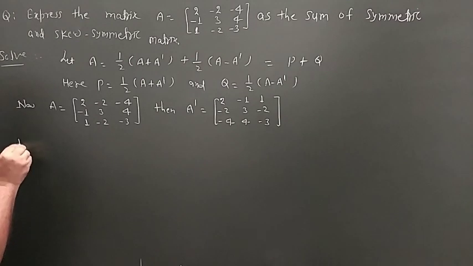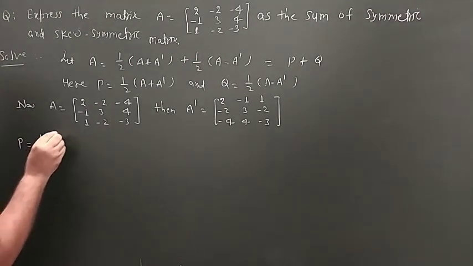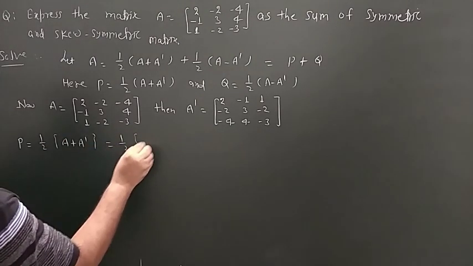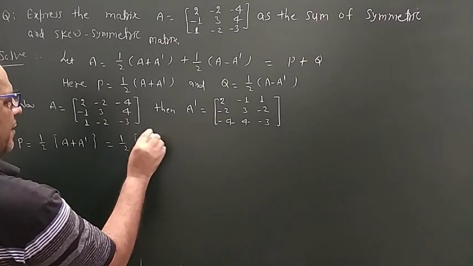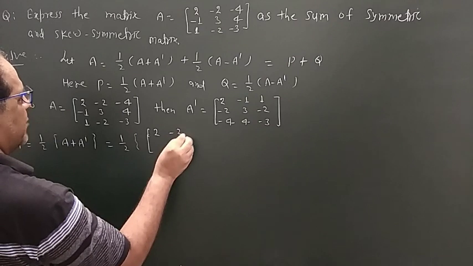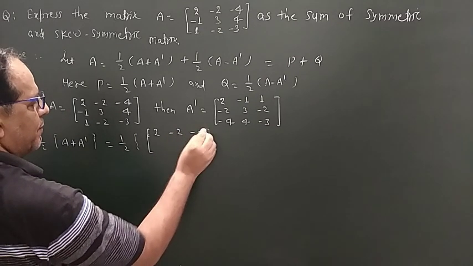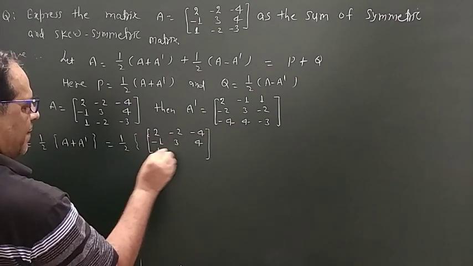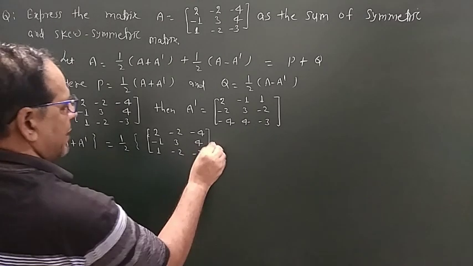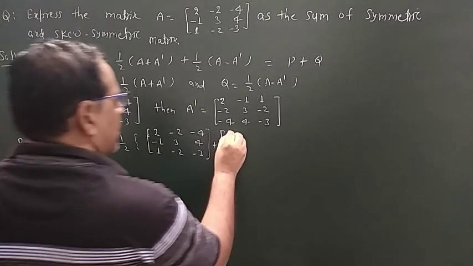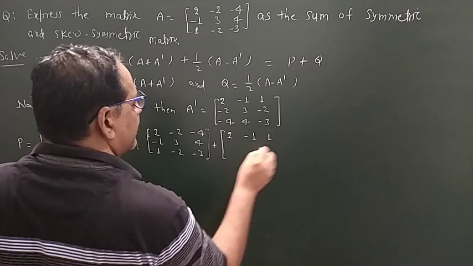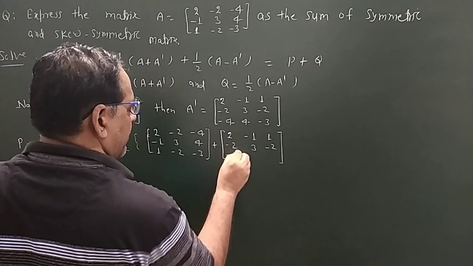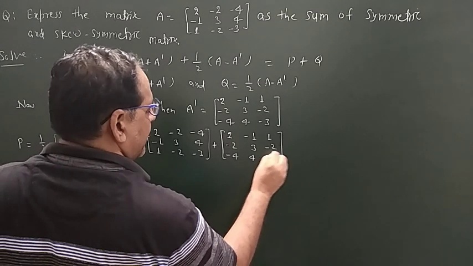So P equals 1 upon 2 (A plus A dash). That means 1 upon 2 times the first matrix A, given here as 2, minus 2, minus 4; minus 1, 3, 4; 1, minus 2, minus 3, plus another matrix A dash: 2, minus 1, 1; minus 2, 3, minus 2; minus 4, 4, minus 3.